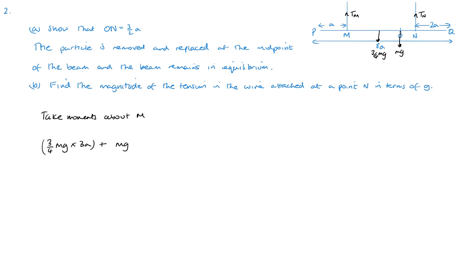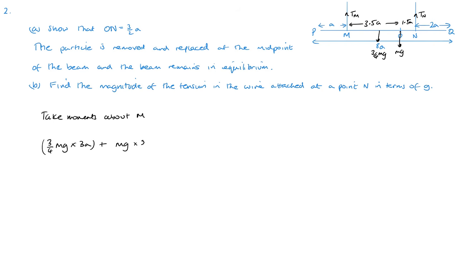Now this was 1.5a, 1.5a plus 2a is 3.5a plus this a is 4.5a, and the whole distance is 8a, so that leaves me with 3.5a from there to there.